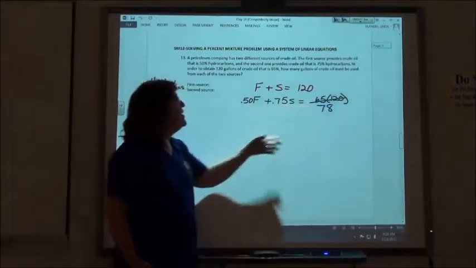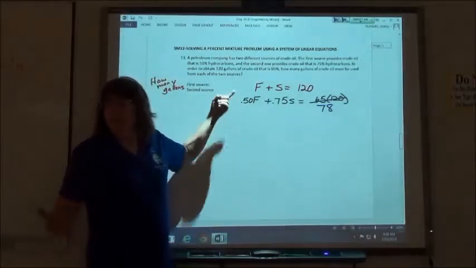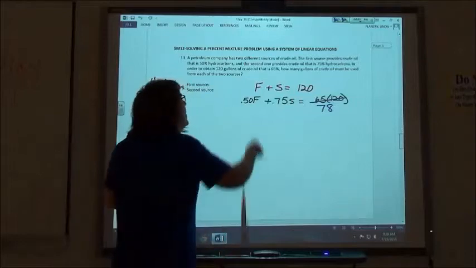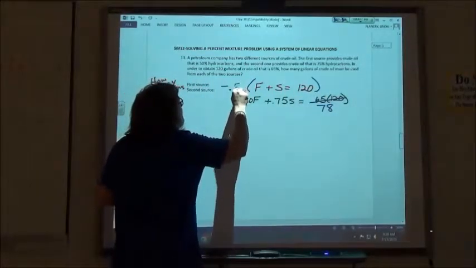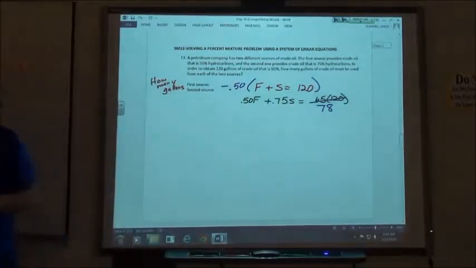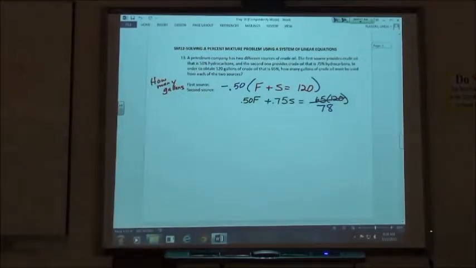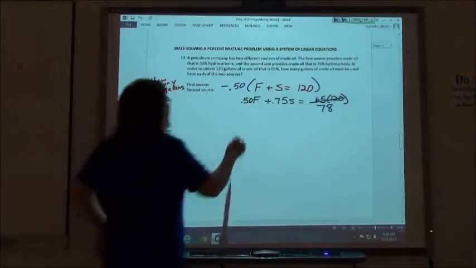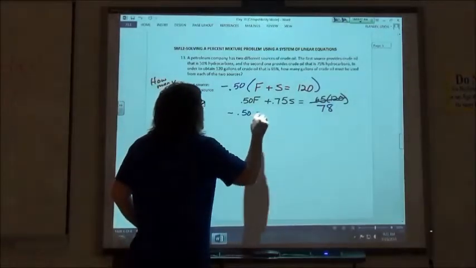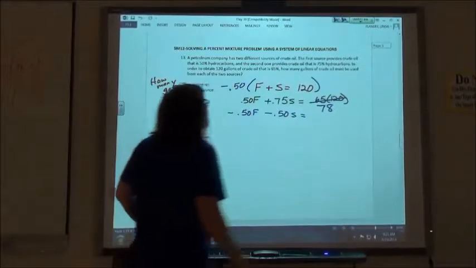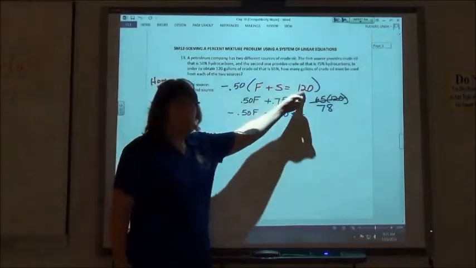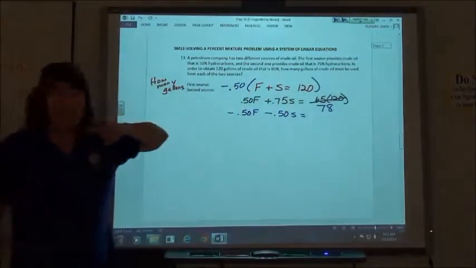I'd probably get rid of the 50% just because then I don't have negative numbers to deal with. So I'm going to multiply everything in my top equation times negative 0.50 or 0.5 if you want to use that. So minus 50F minus 50S equals 50% of 120, give me negative 60, right?